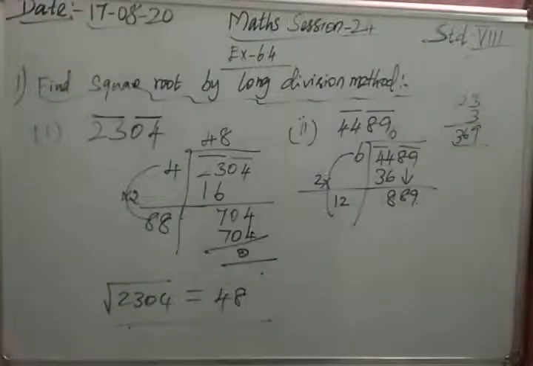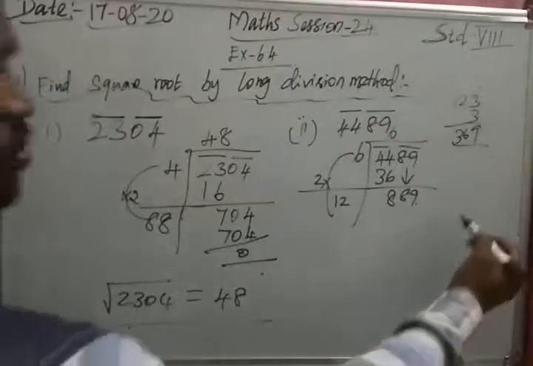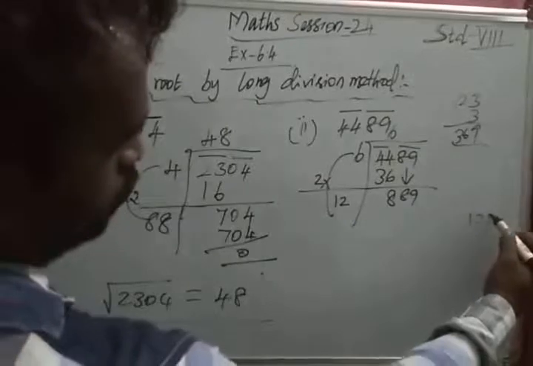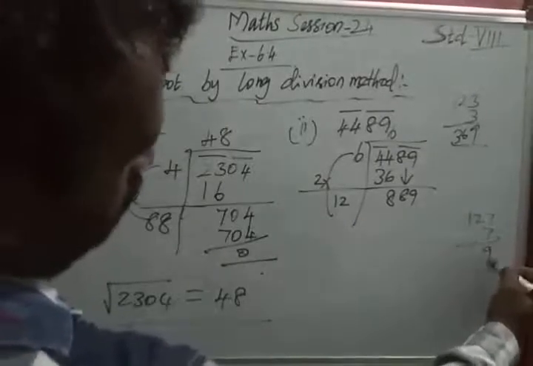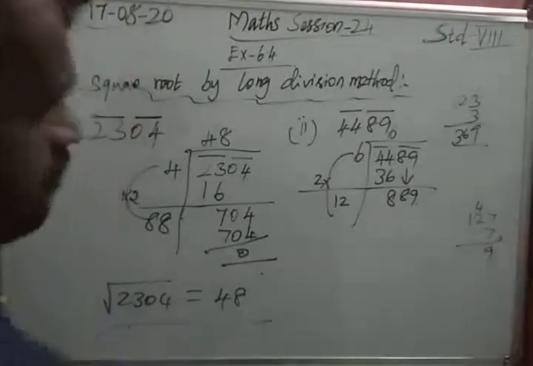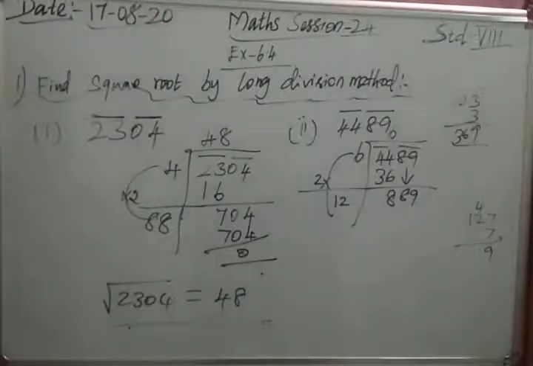But we need to get 889. Any other number? Which number? After 3, 4, no. 5, no chance. 6, no chance. 7, 7 7s are 49. So we will substitute that value also. 1, 2, 7, 7. 7 7s are 49, balance 4. 7 2s are 14. 14 plus 4, 18.